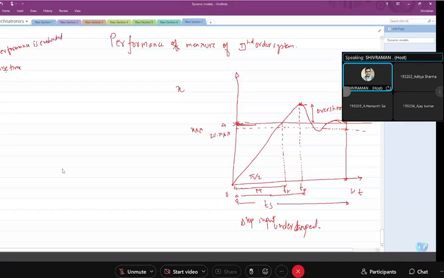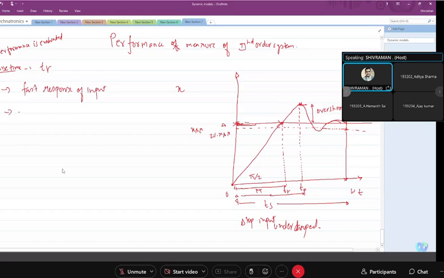The first and foremost term is the rise time, which is defined as the time to reach steady state from its zero value, which means the time taken by the system to reach steady state from its zero value. This term is denoted by tr. The rise time also measures how fast your system is responding to the input.